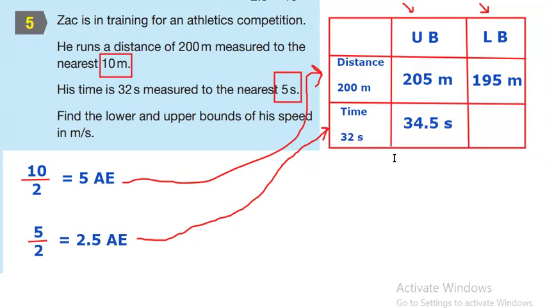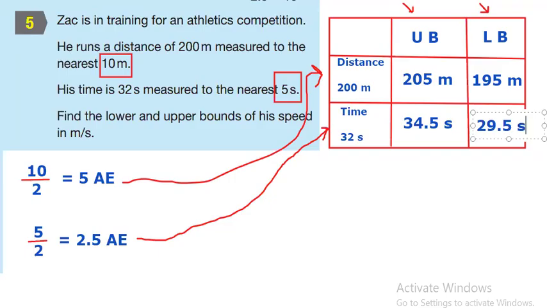This is the upper bound of the time. And subtract it to get the lower bound. So 32 minus 2.5. Make sure you use a calculator to check your numbers. 32 minus 2.5 will give you 29.5.